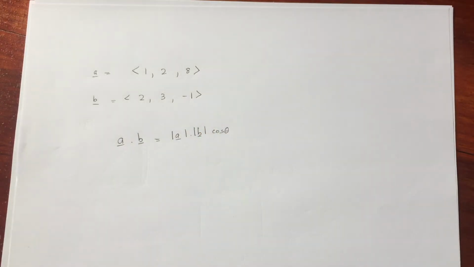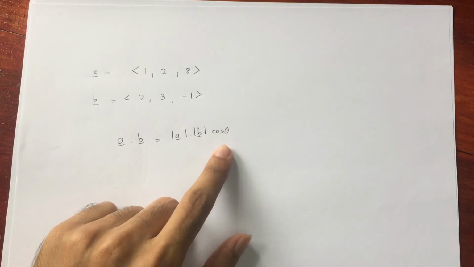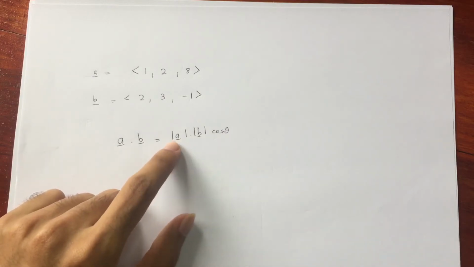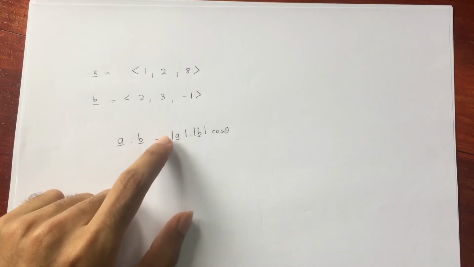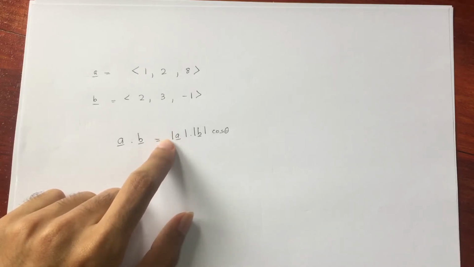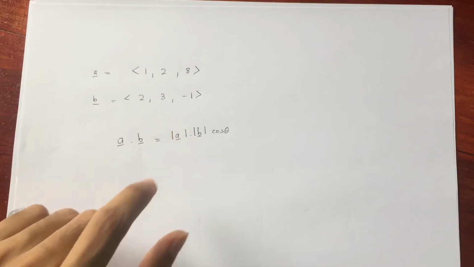Here we need to find the value of theta. You can easily find the modulus, which means the magnitude of the A vector, and this is the magnitude of the B vector.